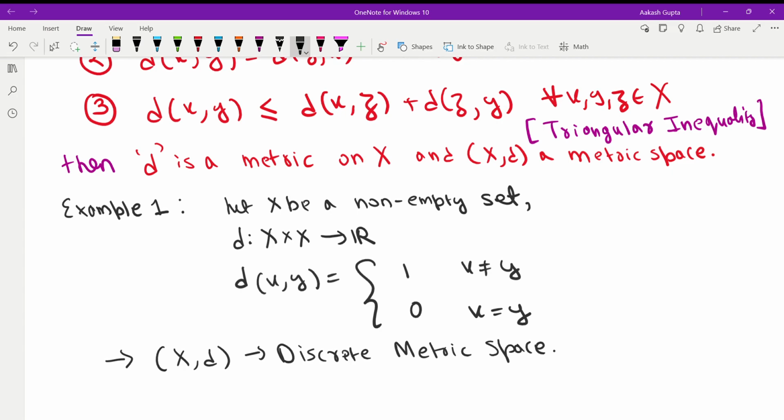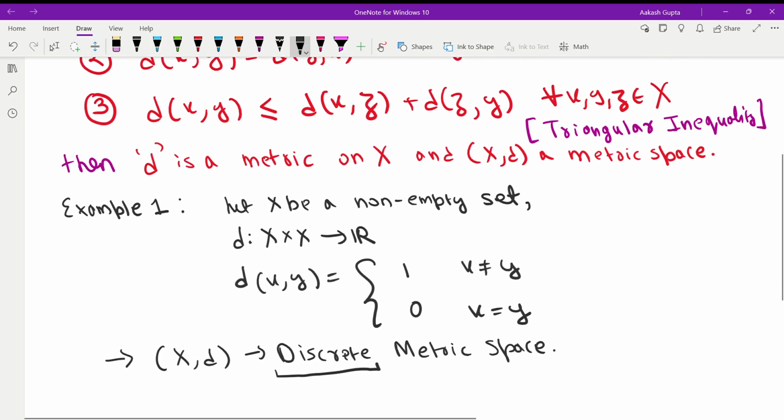Now, one might ask, why discrete? Discrete is an English word, right? I will give the reasons later on for calling this metric space a discrete metric space. Like we say a person is discrete in some sense, it is the same thing. We will come to it later on.